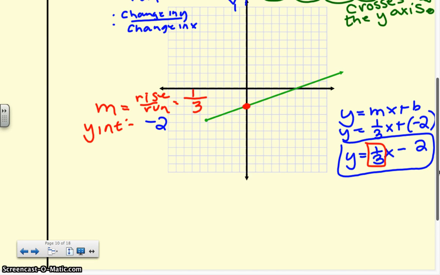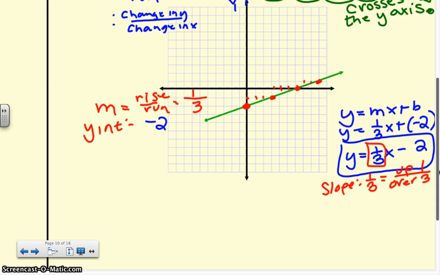And when I say my slope is 1/3, that means that I'm going to go up 1 over 3. So now watch what happens. If I went up 1 over 3, 1, 2, 3, there I am on the line. If I go up 1 and then over 1, 2, 3, there I am on another point. Okay? Up 1 over 3, 1, 2, 3, another point.